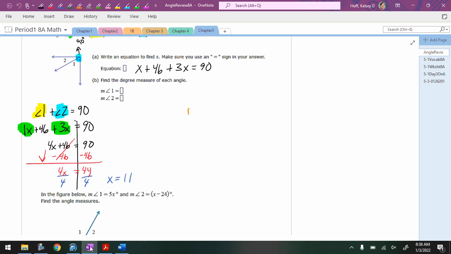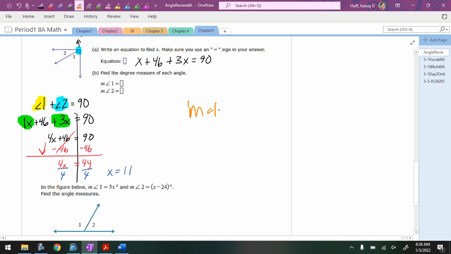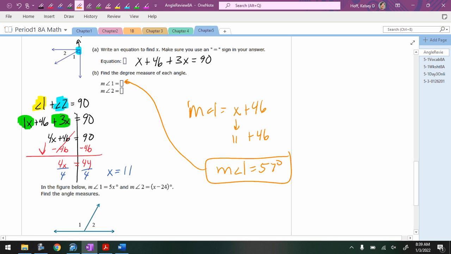Very good. What is 11 plus 46? 57. So the measure of angle 1 is 57 degrees. That's what you would type in here.